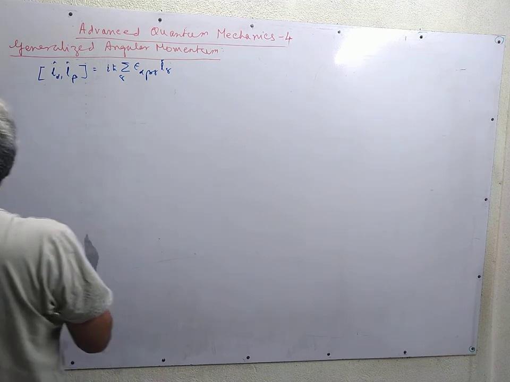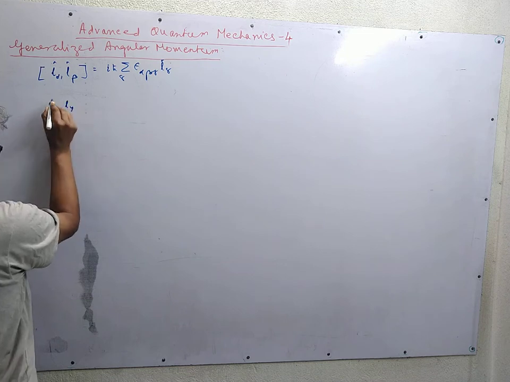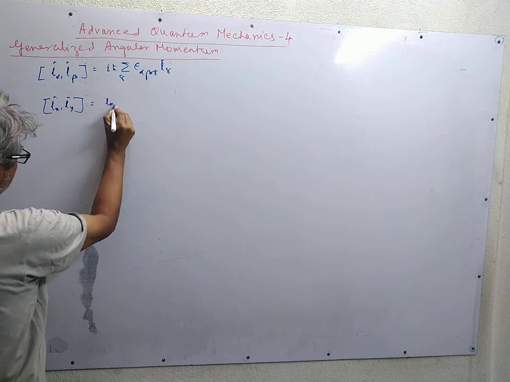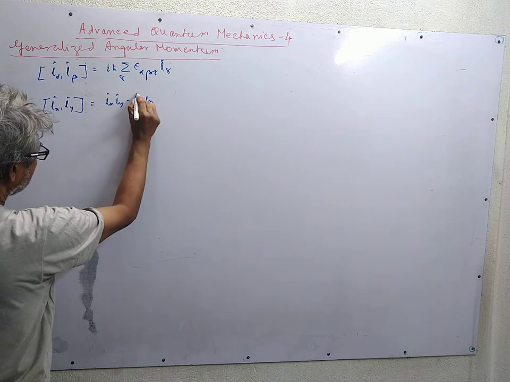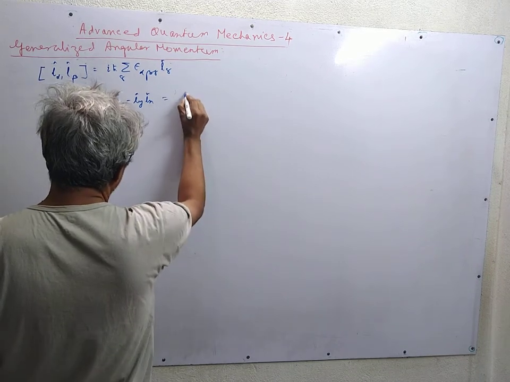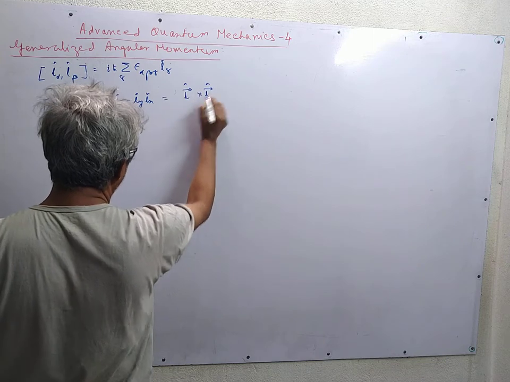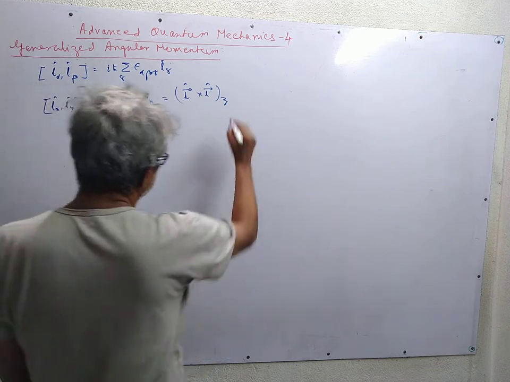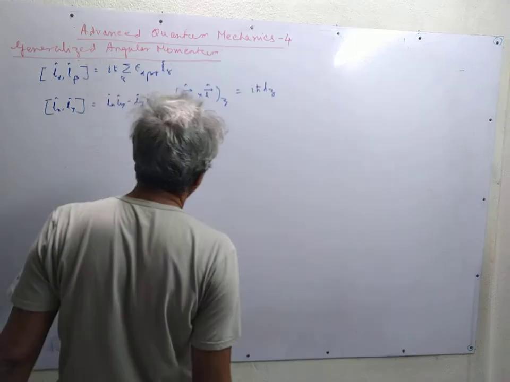If we write it explicitly for the xy component, the commutator of Lx and Ly, which is Lx Ly minus Ly Lx, is nothing but the Z component of L cross L operator, and this is equal to i h-bar Lz operator.